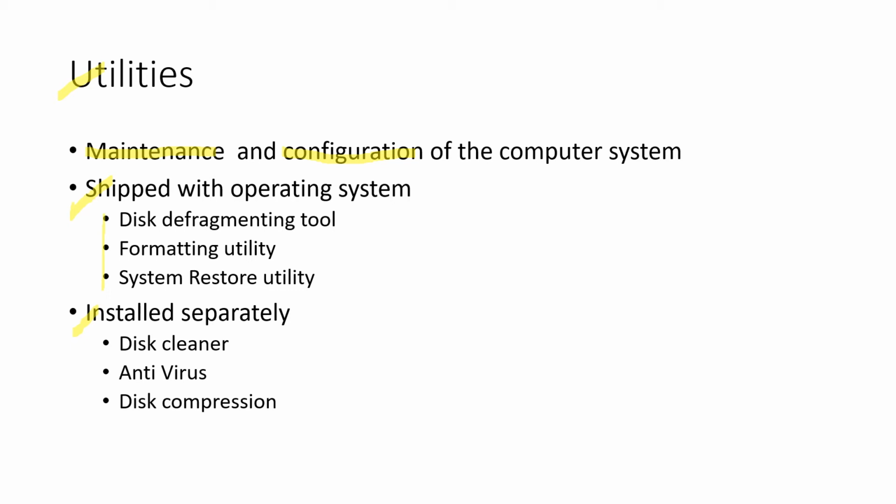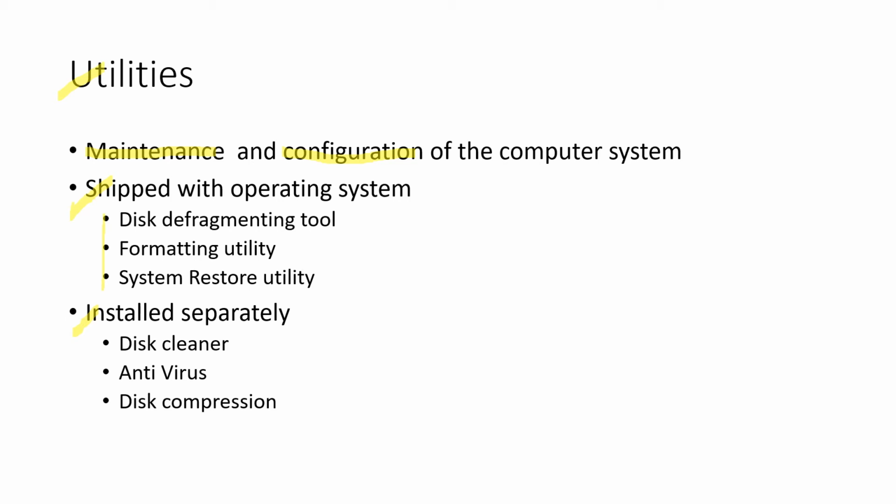The disk cleaner. The disk cleaner cleans the hard disk from the temporary files and the temporary folders, and if it is browser data, it clears the cache and the cookies. And the antivirus.